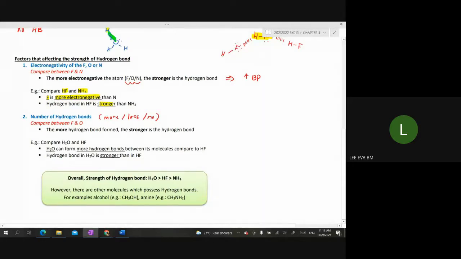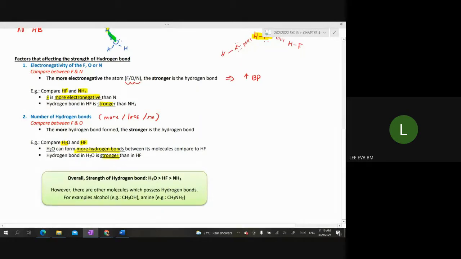So comparing between fluorine and oxygen. We do know that fluorine is more electronegative than oxygen. That is correct. But the H2O can make more hydrogen bonds. So in the case where we compare H2O and HF, we cannot look at the electronegativity, because now water can make more hydrogen bonds.